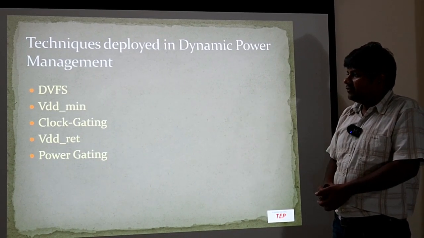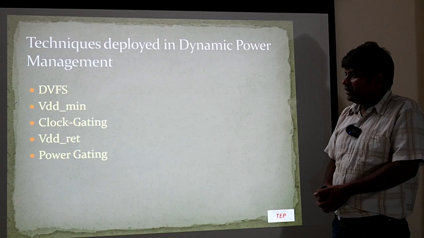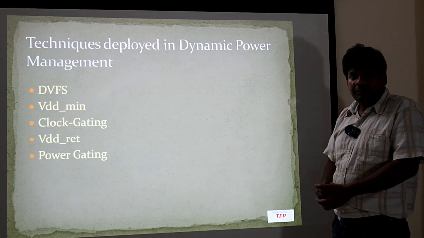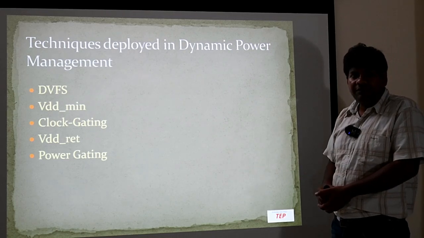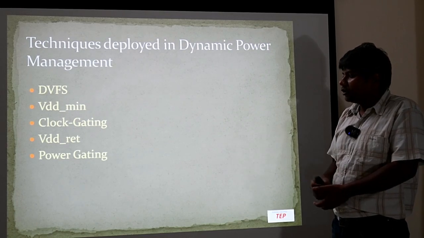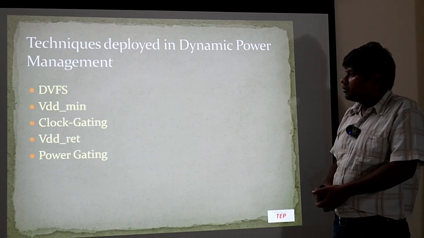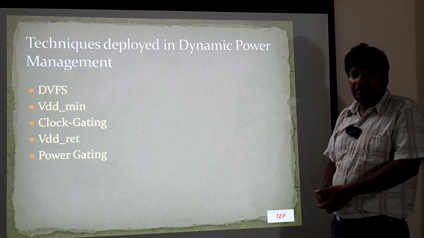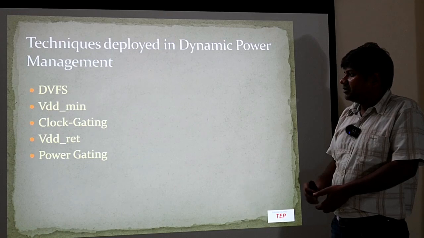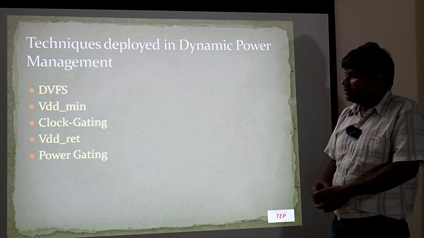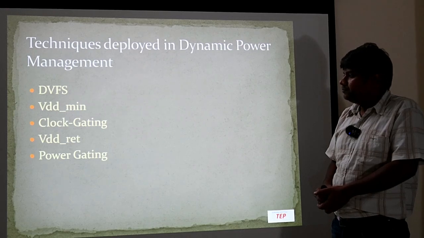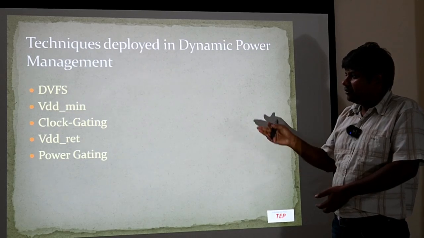there is the technique of clock gating, when a certain block is not active, that is not operating. The first level of saving power is to gate the clock. All the circuits are clock driven, and when we stop or gate the clock, the switching activity does not happen, and we save power.